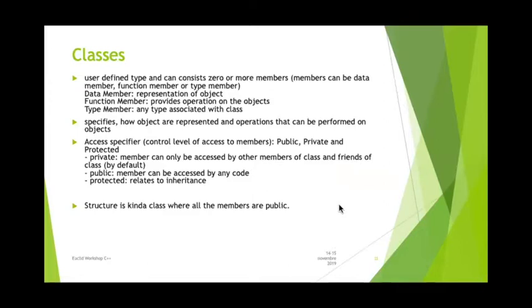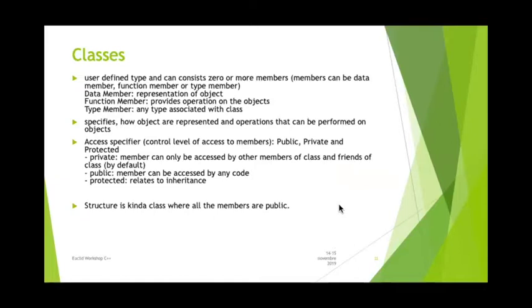When you create objects from the classes, they represent what kind of operations you can perform. You can perform the operations that are defined in the class on that object. And there are access specifiers, which tell you what kind of control you have on the data members or functions. There are three kinds of access specifiers: public, private, and protected.